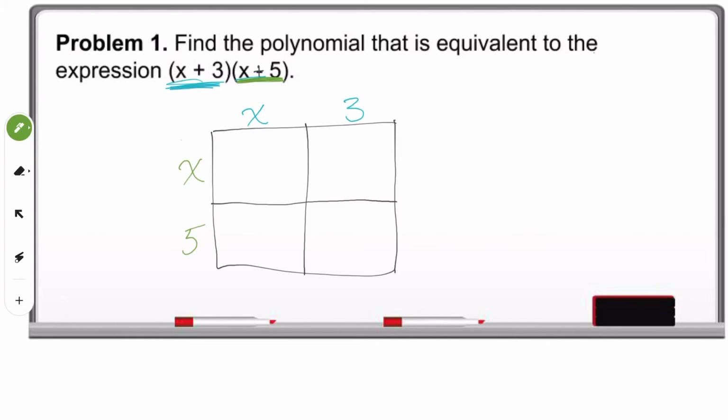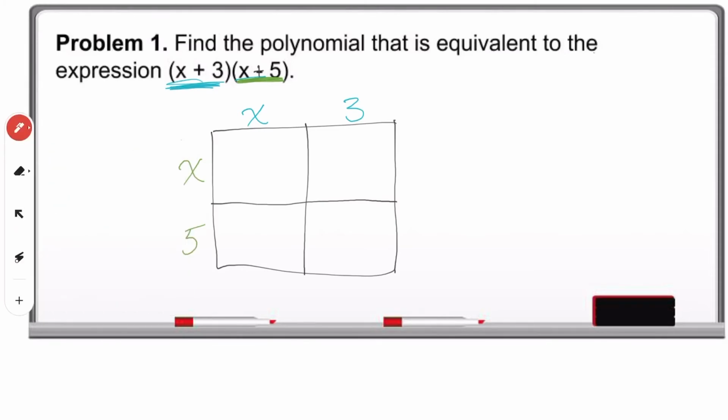I don't know when they were born. The reason I'm telling you this is I just find it crazy that I taught this method to parents when I was really young, younger than you guys. And now here I am teaching you how to multiply two binomials together using the same method. My life just came full circle. Just had to tell y'all that. All right, back to the problem.